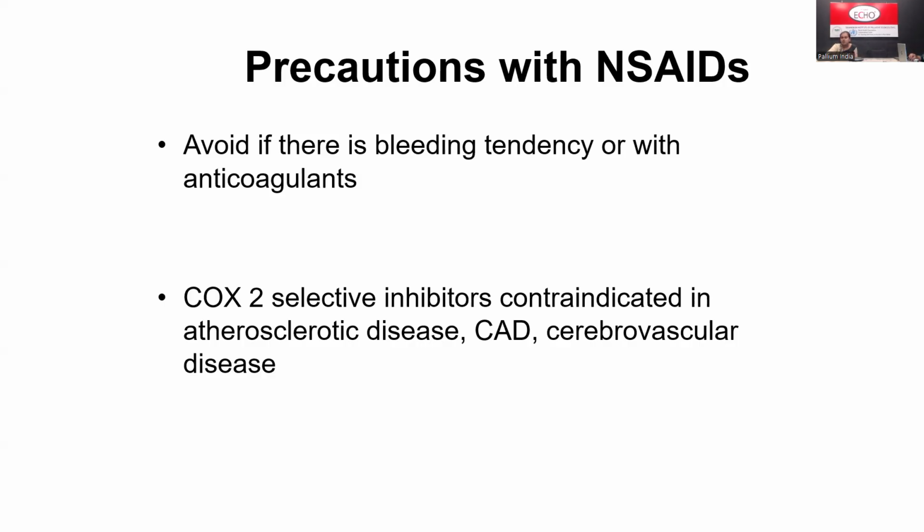In such cases, what we have to do? We have to do the follow-up. We have to check whether there is any history of bleeding or any bleeding sites or any gastric irritation. With the history, we have to do the follow-up.